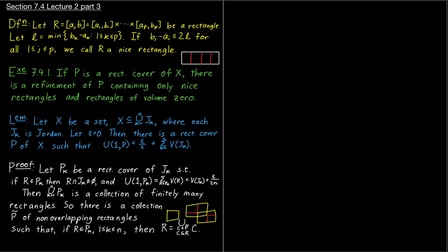And just in case, let's make it an explicit step that we throw out all the superfluous rectangles. So we're going to take only rectangles contained in one of those R's.